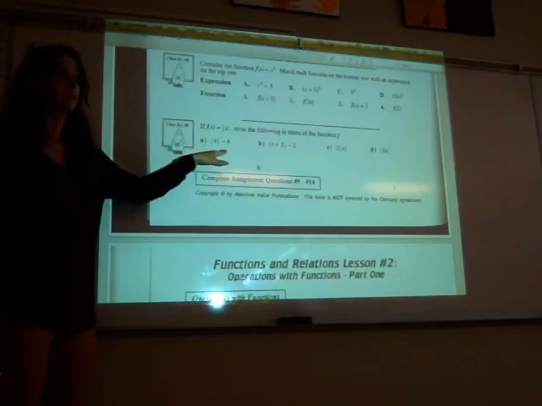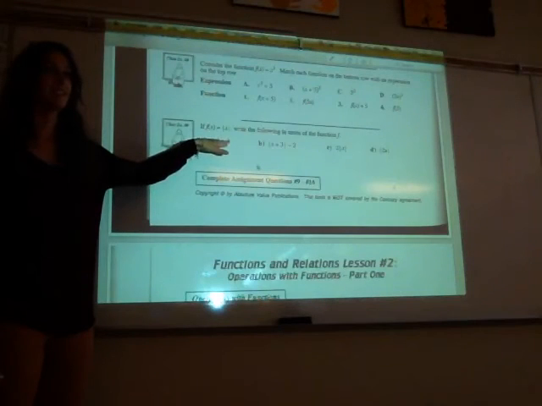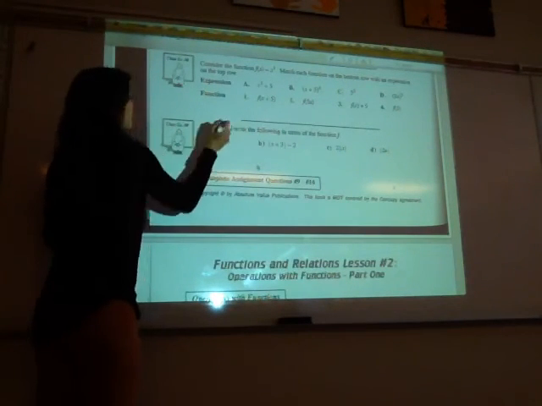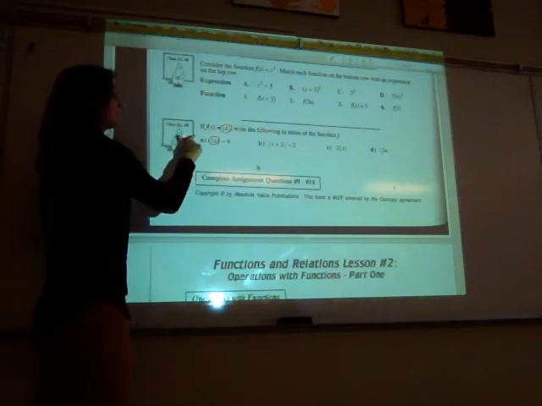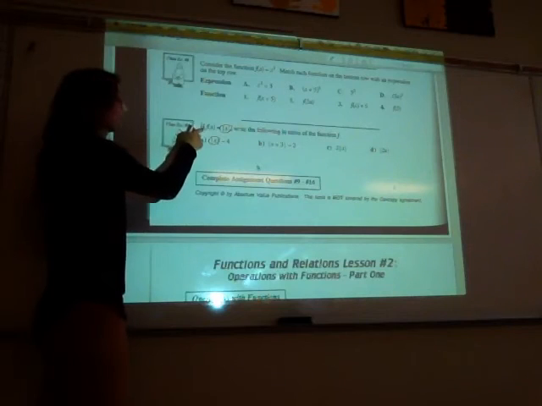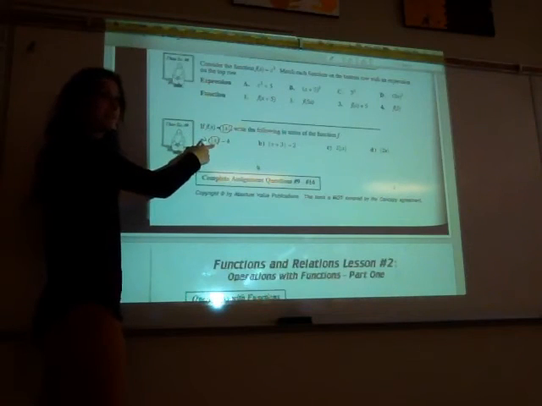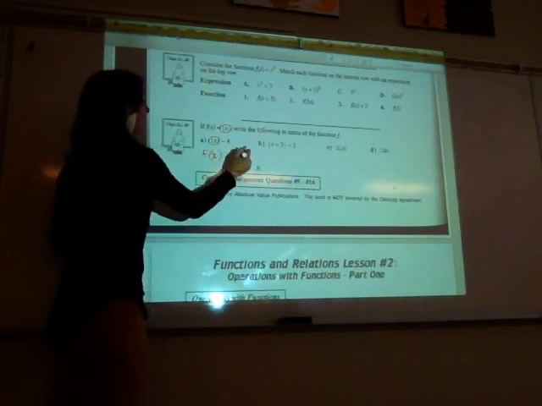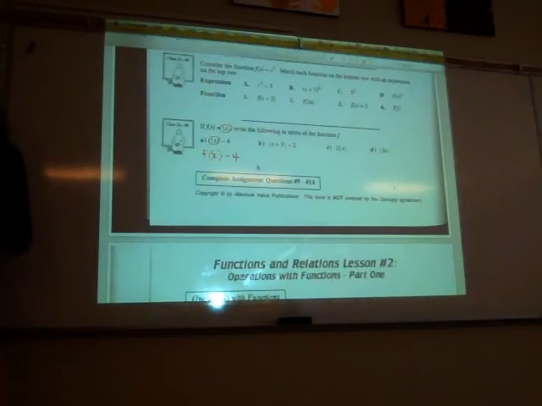How would I write this in function notation? I'll show you the first one. Is this the same as this? Yes. And what does this equal? F of x. So what could I replace this with? F of x. Good. And then I subtract 4. That's now in function notation.